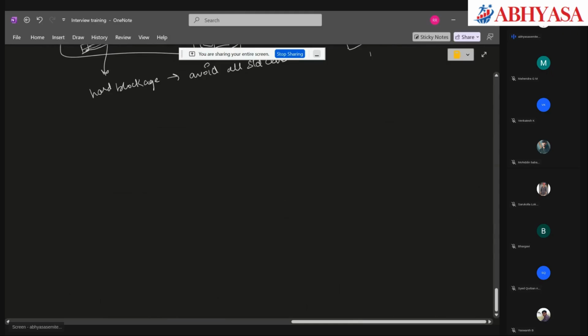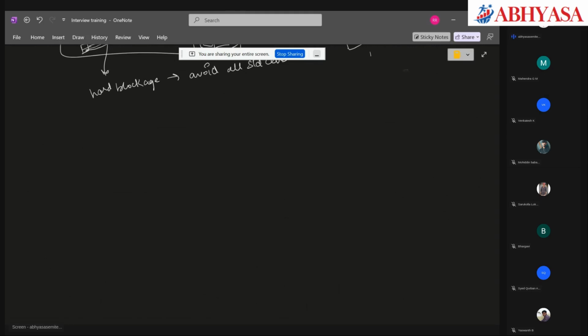Now, what are the checks after floor plan? And what is the need of the checks? Already somebody answered very correctly. We need to check for proper placement, or I should call it legal placement of the ports.